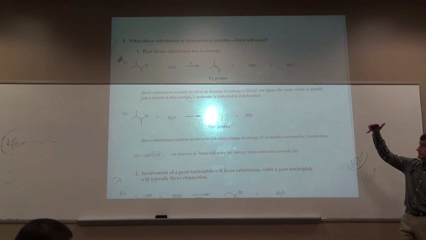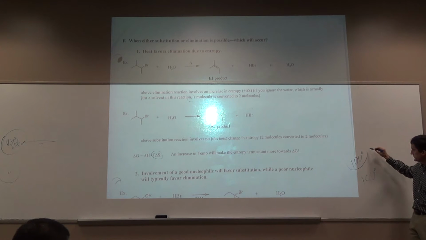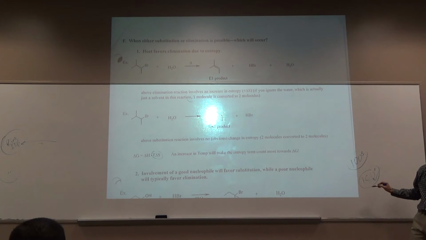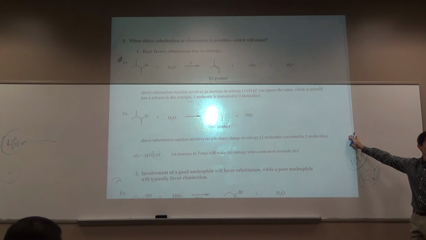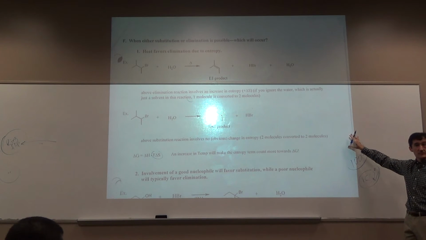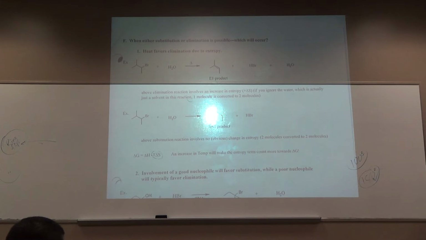In my example, I did room temperature and heat. That doesn't mean you can't have something like 100. Substitution actually occurs here where higher temperature favors elimination, because in this example at room temperature nothing happens. Substitution actually requires some heat because of transition state energy and stuff.